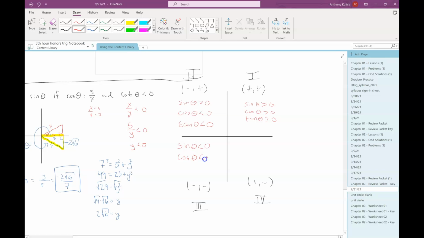Cosine, which is x, is negative, and then tangent, which is y over x, negative over negative, is positive. And then the fourth quadrant, sine, which is y, is negative. Cosine, which is x, is positive. And tangent, which is y over x, is negative over positive, which is negative.